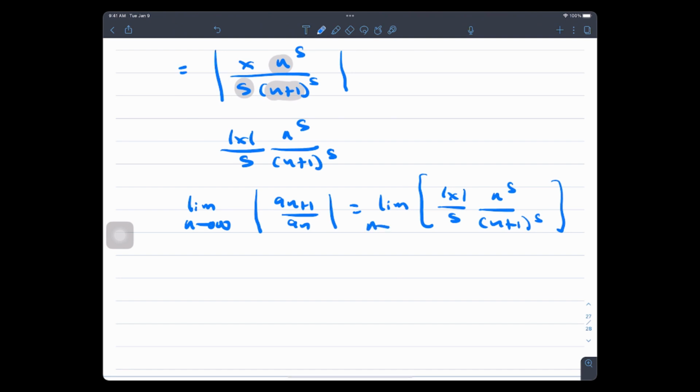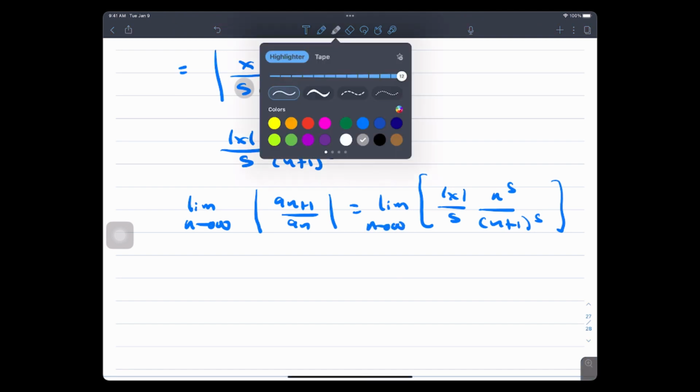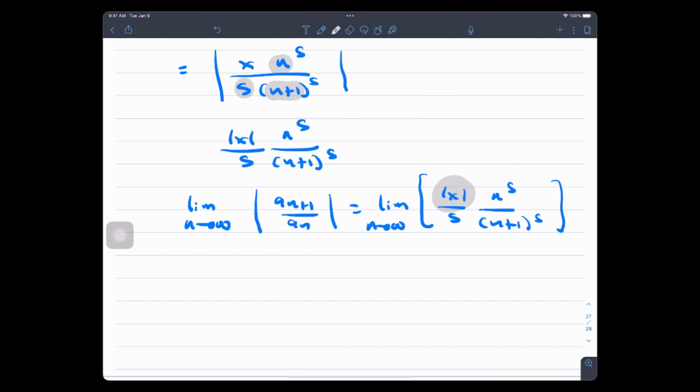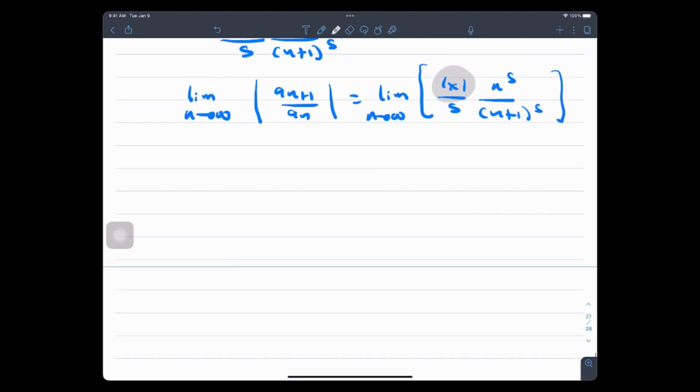This is a limit for n, so what's the only thing that comes out as a constant? Just the absolute value. And actually 5, I apologize. So you can take those constants out. You think of that as a constant because the limit is about n going to infinity. So this is n to the fifth power over n plus 1 to the fifth power.